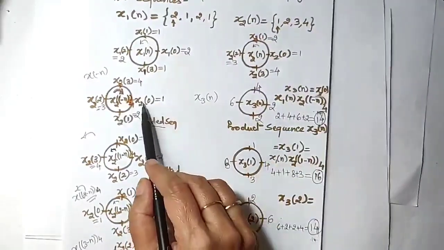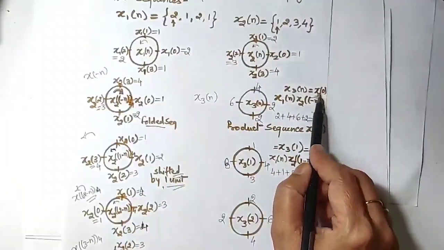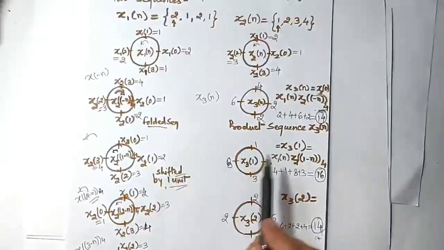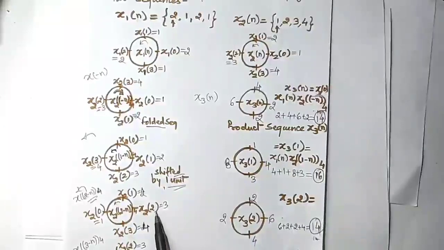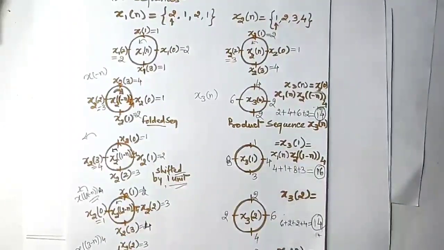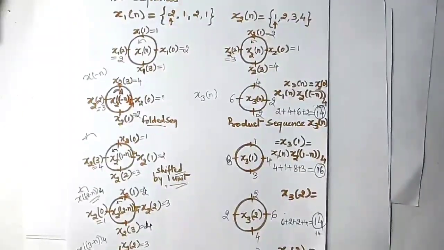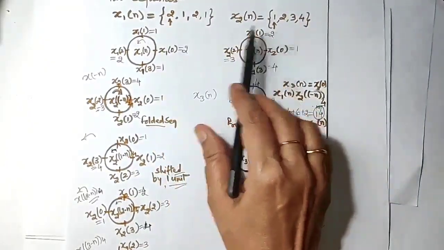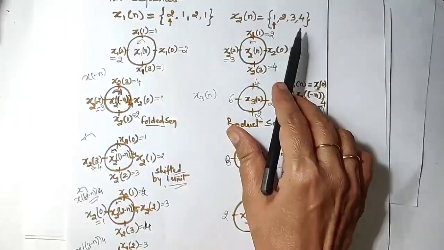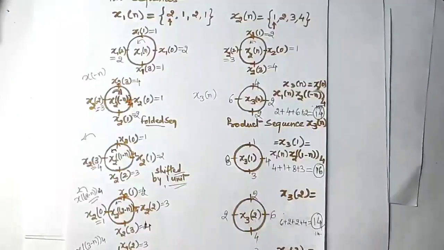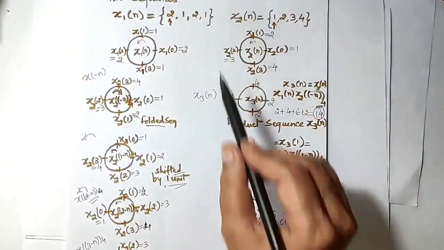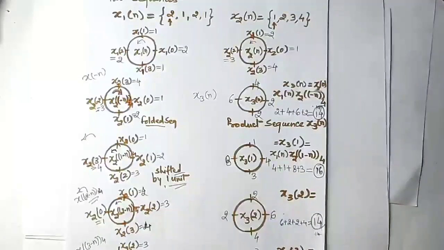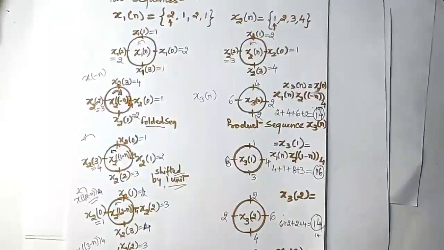So when we have the folded sequence, it is x0. When shifted by 1, this is x1. Shifted by 2, it is x2. Shifted by 3, it is x3. So with 4 samples and multiplication of 2 sequences of length n, we get the product of circular convolution, that is x3(n): 14, 16, 14, 16.